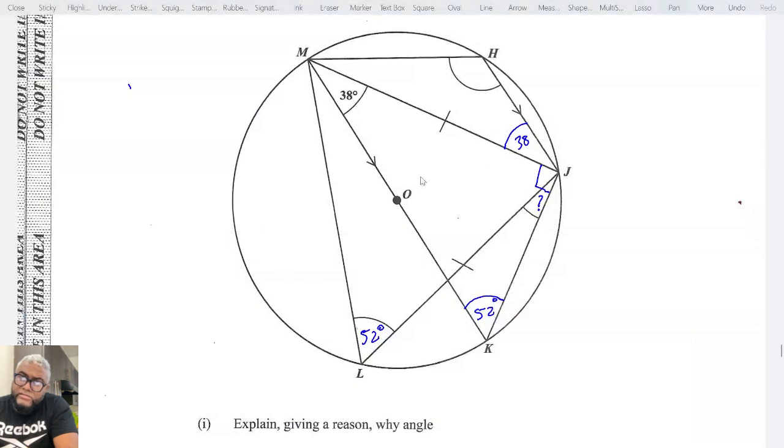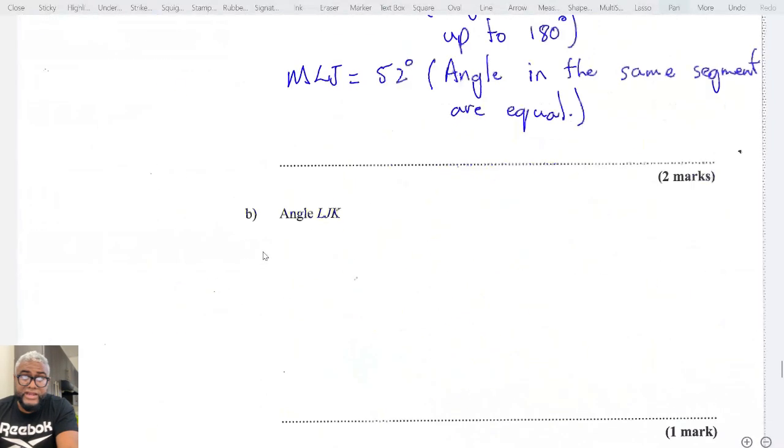What are you thinking? Here's 52. That means this whole thing is 52. And I can find here? And once I find here, you'll see that here and here are angles in the same segment. So let's find LMK.